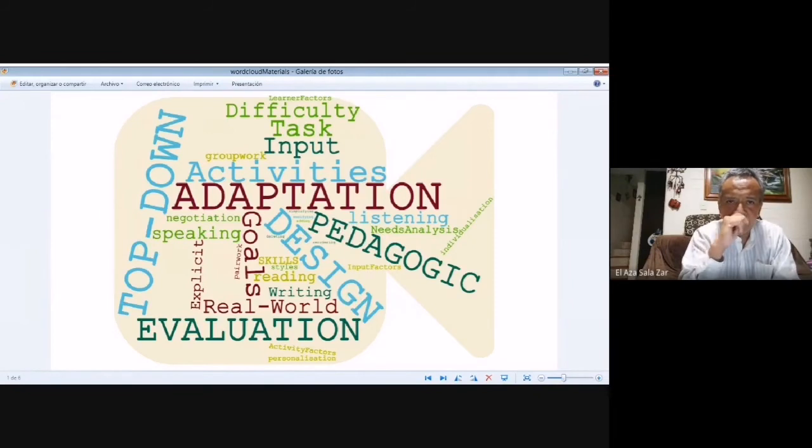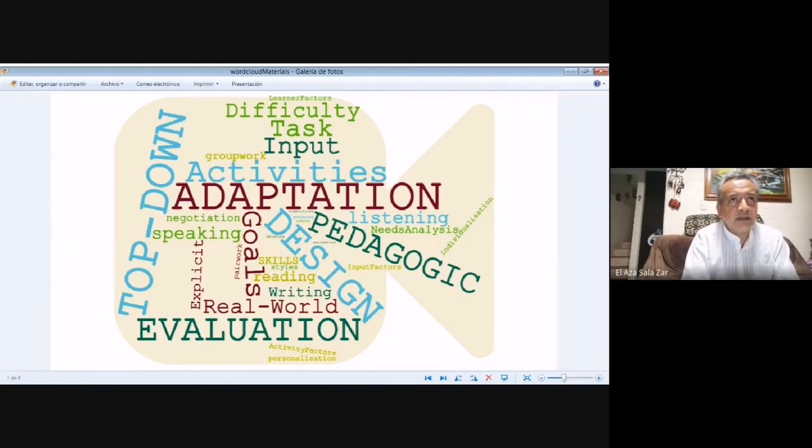But in task-based learning, perhaps it is more important to consider the top-down strategy because our learners have on their mind previous knowledge, purposes, objectives, goals, they have interests, needs, they have some information about the topic, about the reading or whatever.